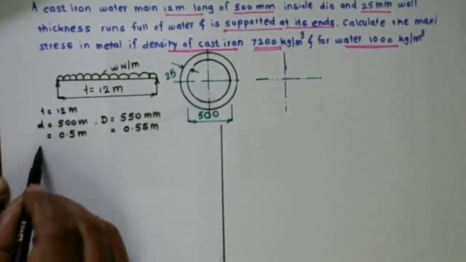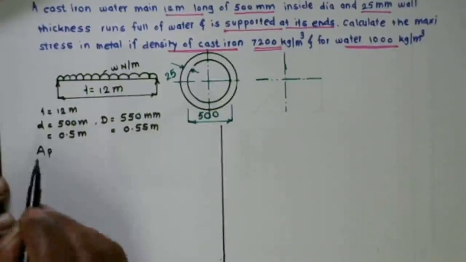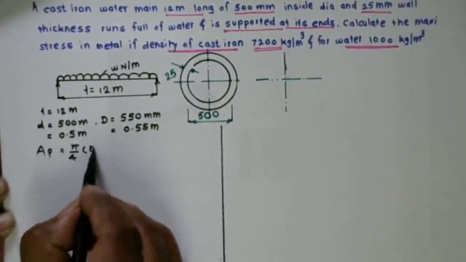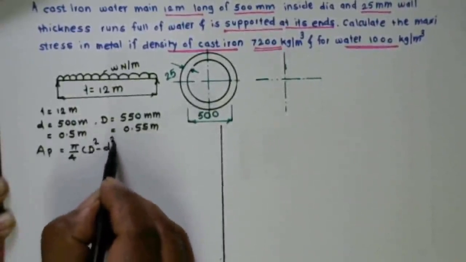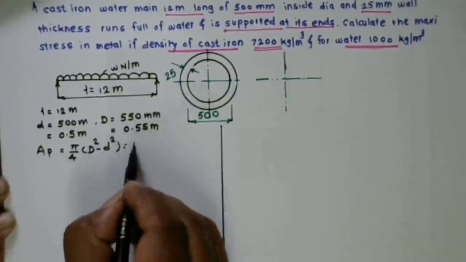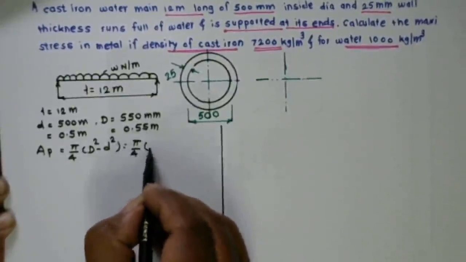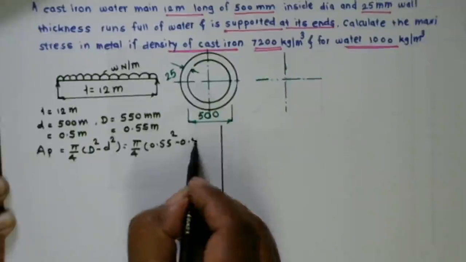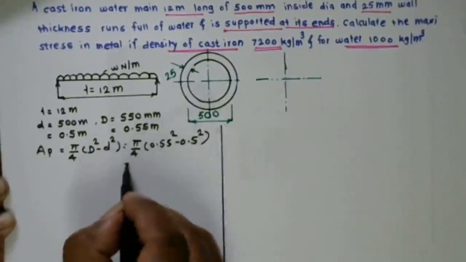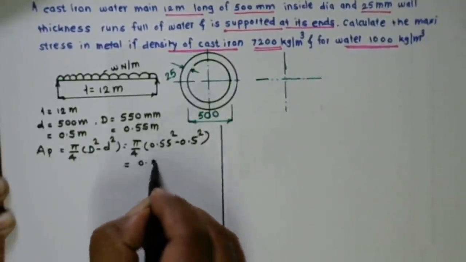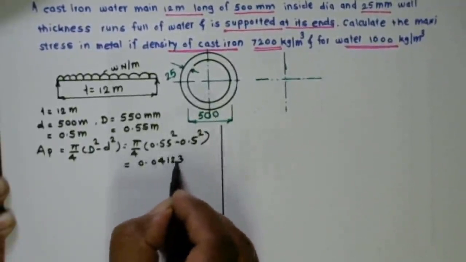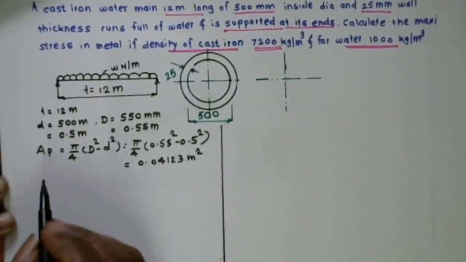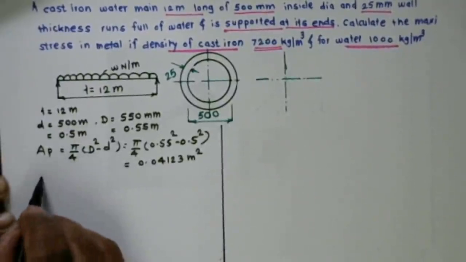So area of pipe is equal to pi by 4 (D square minus d square). So pi by 4 (0.55 square minus 0.5 square) is equal to, after these calculations you will get the area of pipe.